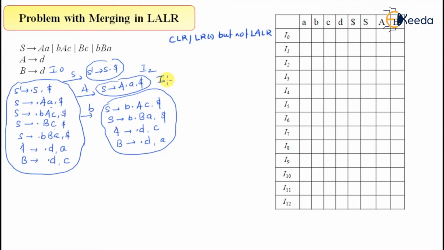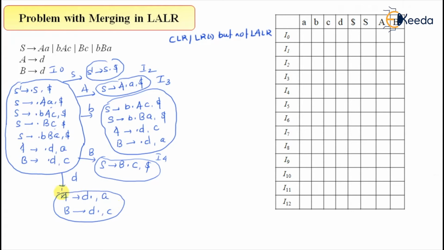So we are progressing very slowly. We are done with b, and then there is a capital B, and S derives b dot c followed by dollar, that is your I4 state. On input d, this will become A derives d dot followed by a, B derives d dot followed by c, and that is your I5 state.